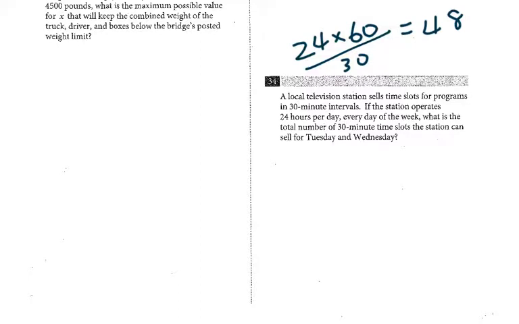Then we divide it by 30 minutes. So we know it will be 48 time slots we can sell. Then we have Tuesday and Wednesday. Therefore, we just multiply by 2. So the answer will be 96.